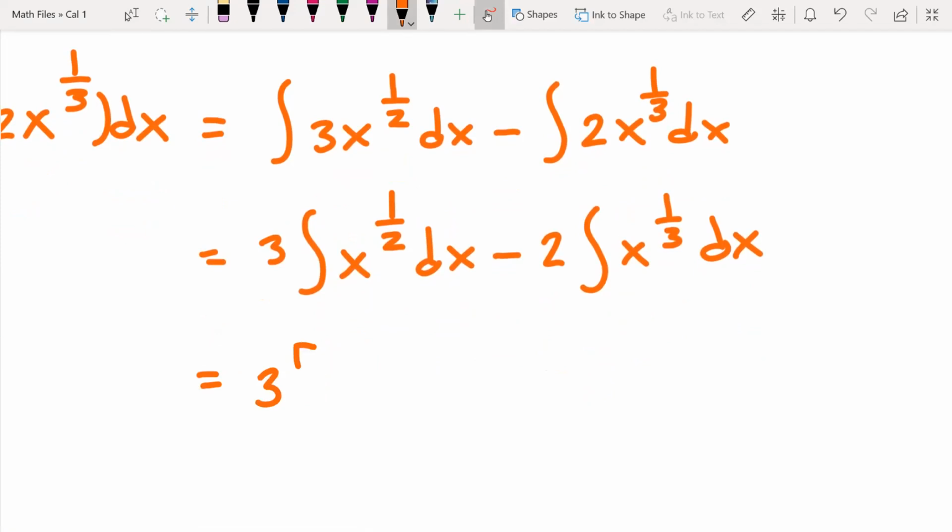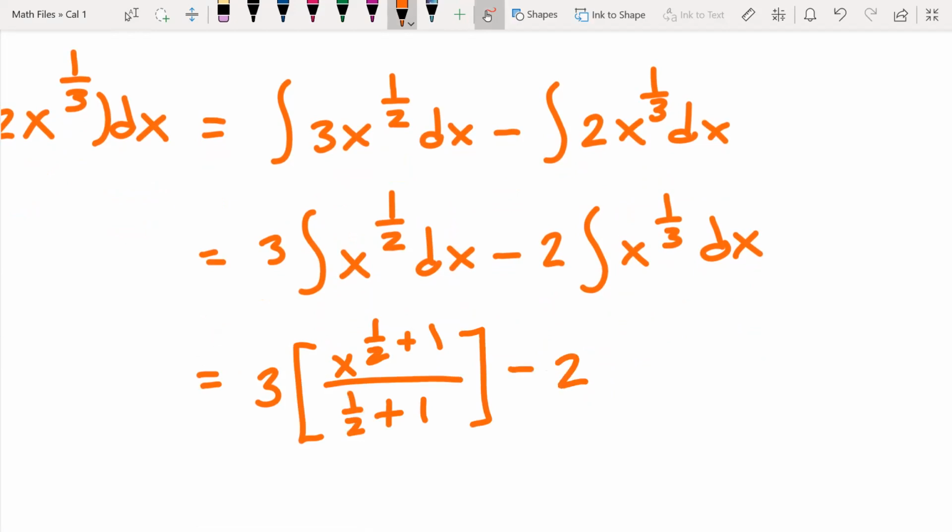So you get 3 times x to the 1/2 plus 1 over 1/2 plus 1 minus 2 times x to the 1/3 plus 1 over 1/3 plus 1.